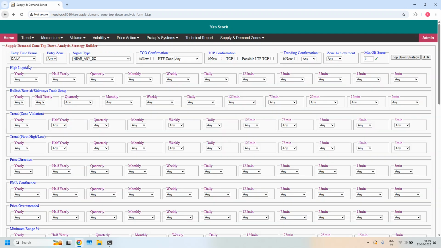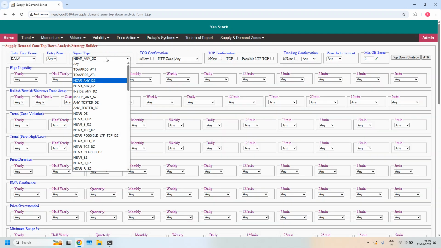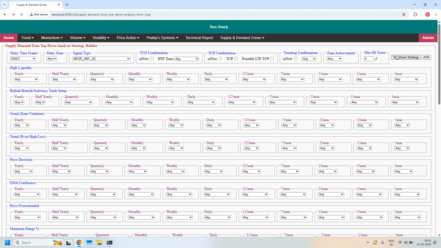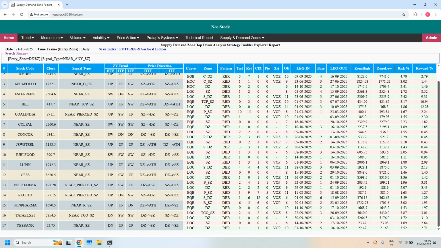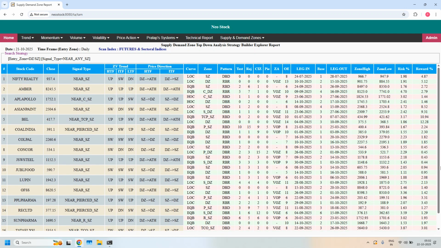Okay, next, for daily time frame, stocks near to the daily supply zone. We got 17 stocks. Let us identify daily high liquidity supply zones from this list. APL Apollo is having a daily high liquidity supply zone.